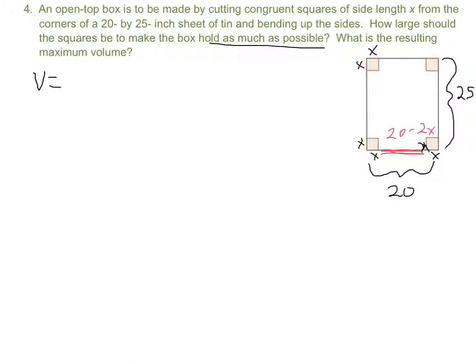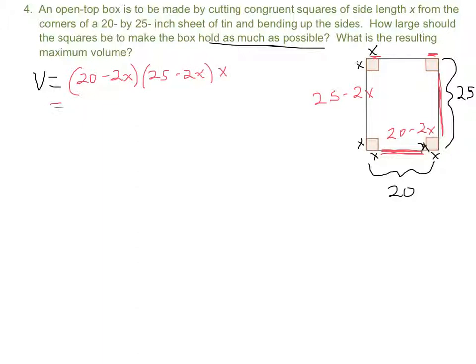Likewise, not the height, but the width of the box will end up being 25 minus 2x, because that leftover piece is what's going to be the side, the width of the box. And the height of the box is just the side of each of the little squares, so it's going to be x. So our volume is 20 minus 2x times 25 minus 2x times x.